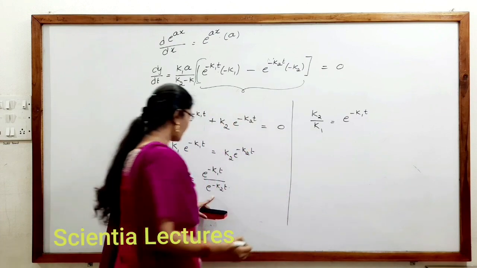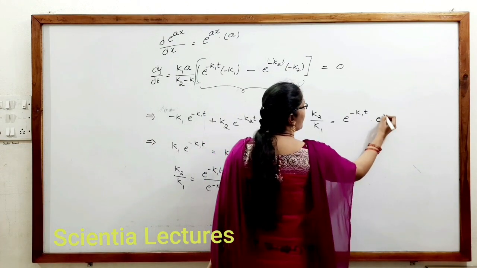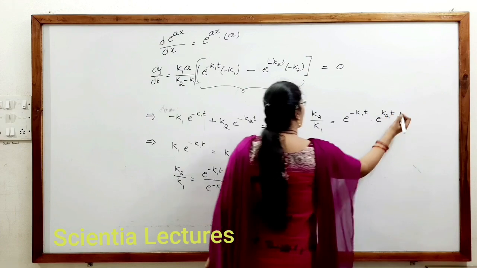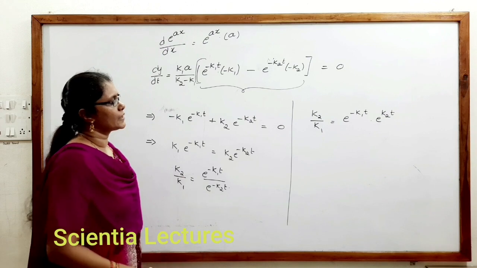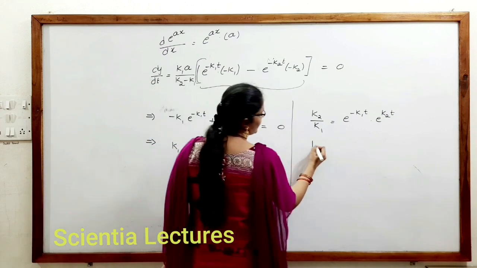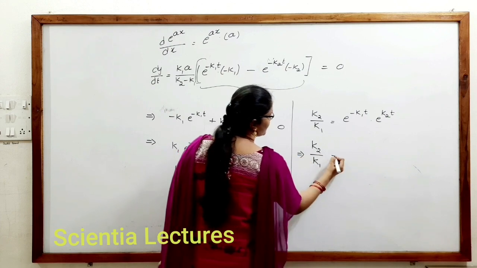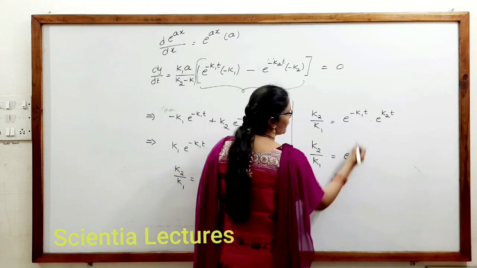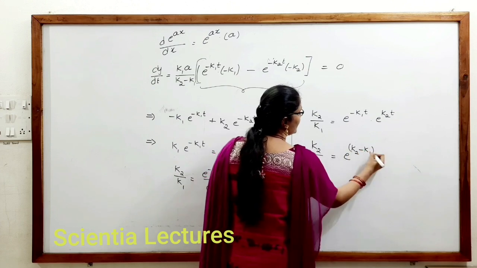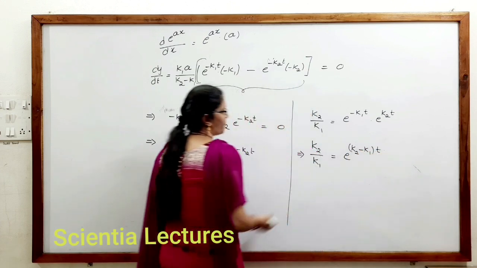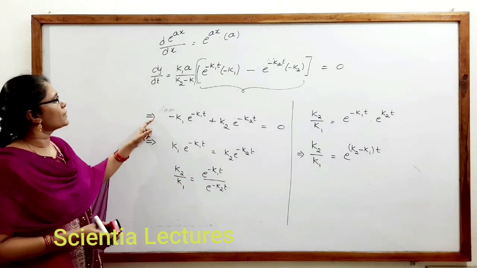If we take this to the numerator, this becomes e power K2t. If it comes to the numerator, minus K2t becomes plus K2t. So K2 by K1 must be equal to e power K2 minus K1 into t.